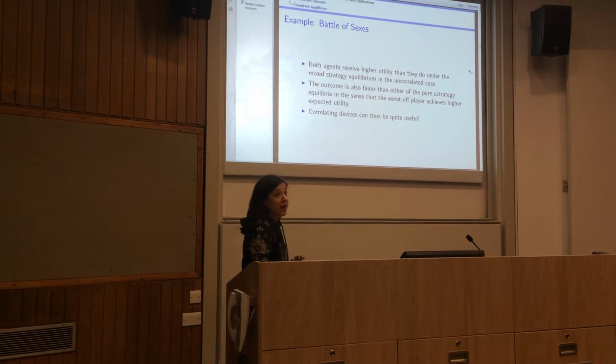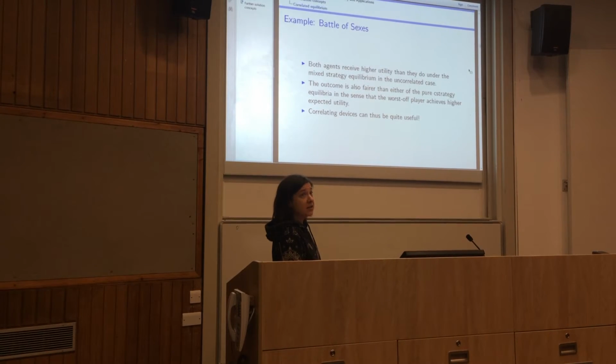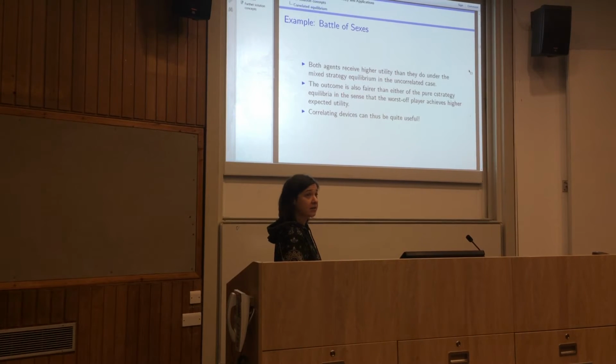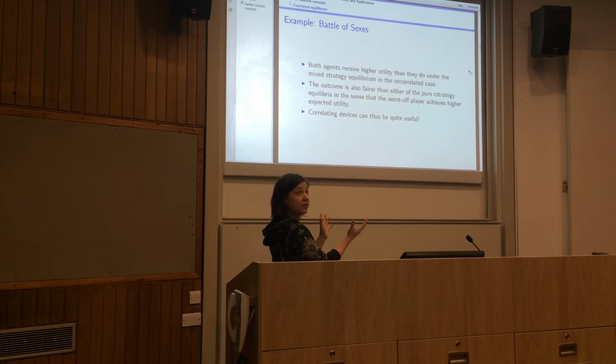And that is why both agents in the correlated case would receive higher utilities than in the uncorrelated case. Why is that? Once again, because now we are in the superset of the strategies, so we can do better. We have more possibilities to increase the utility of the player. Okay, so generally, we cannot go worse than in the Nash equilibrium. And the outcome, in some sense, is also more fair than either a pure strategy or a mixed strategy.